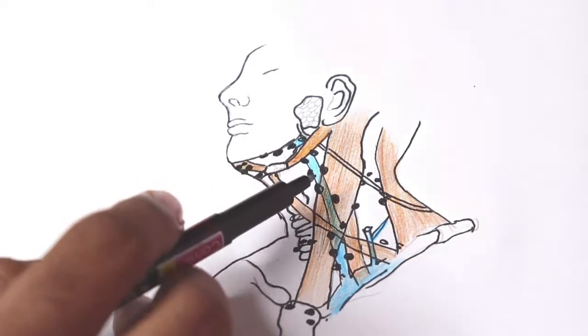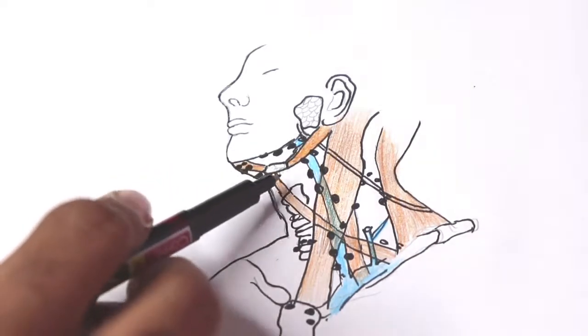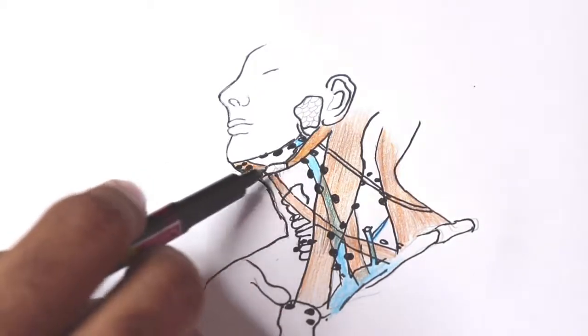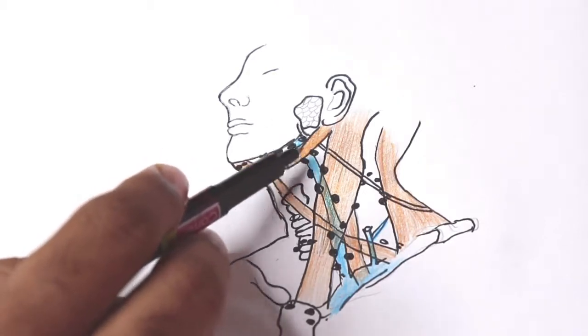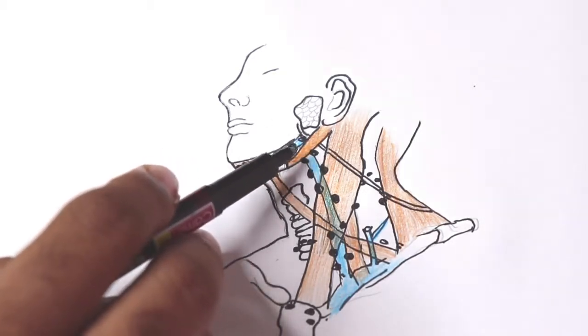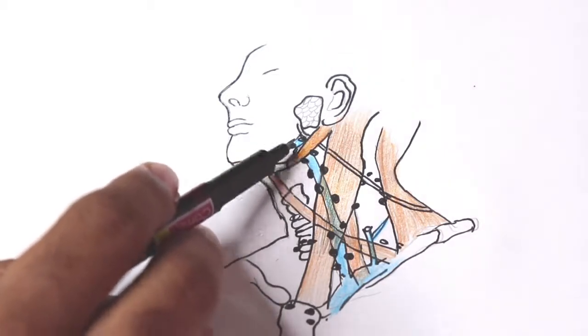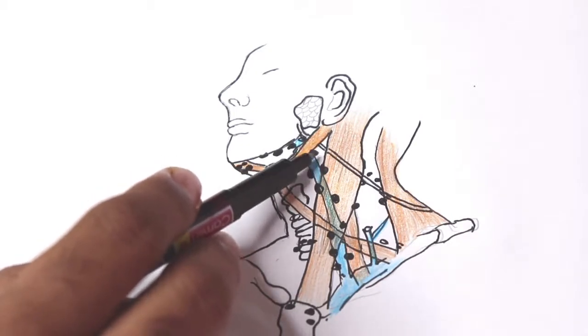The upper boundary of level 2 is the skull base and the inferior border of the hyoid bone. So this is level 2, and anterior medial nodes come as level 2A, and posterior lateral nodes come as level 2B.